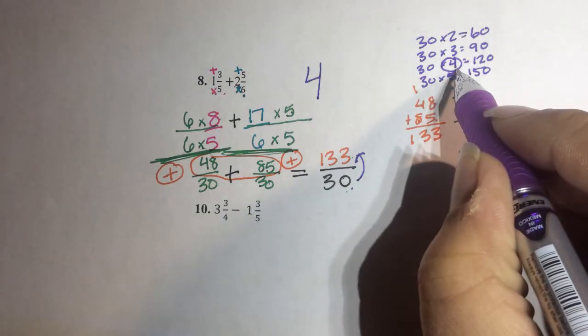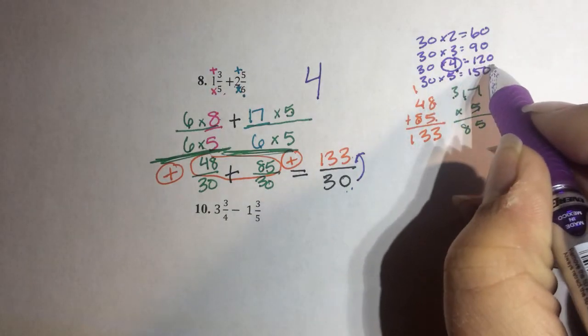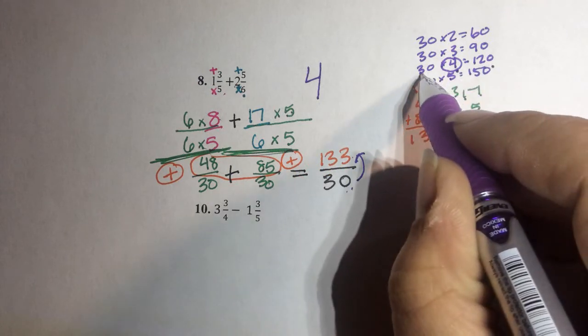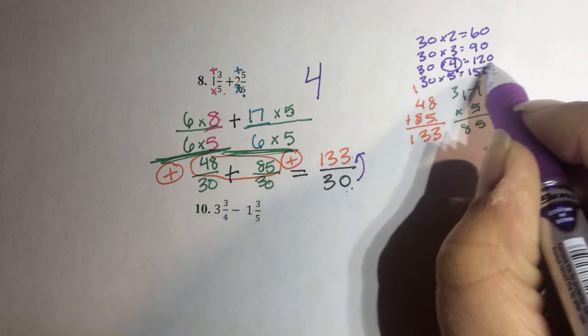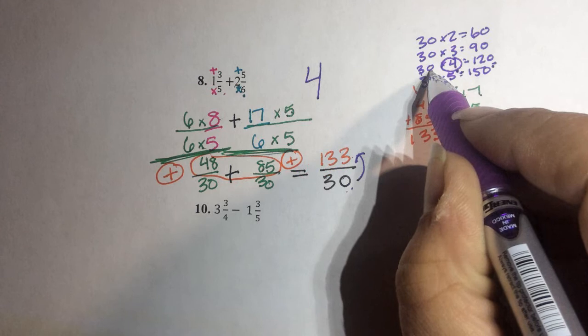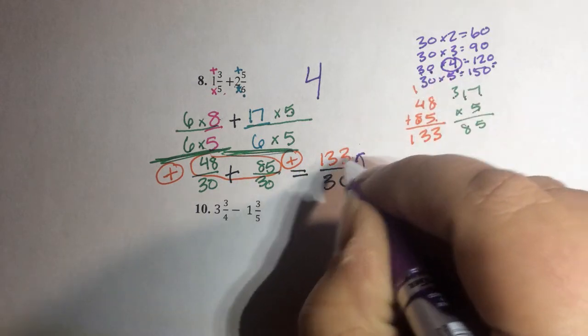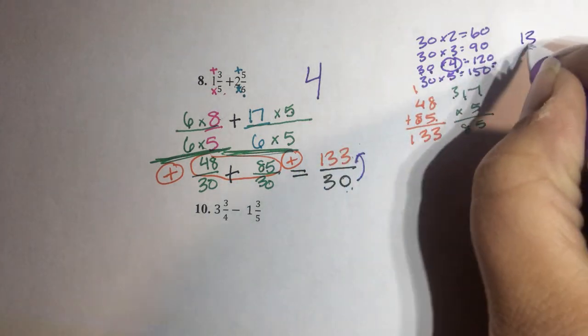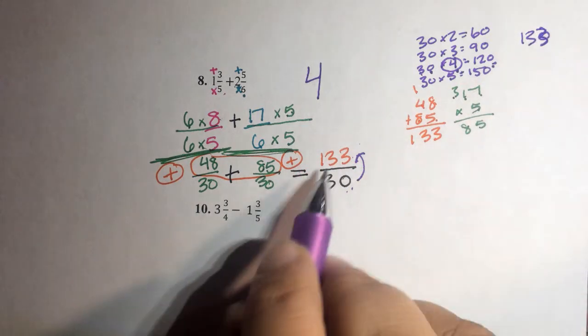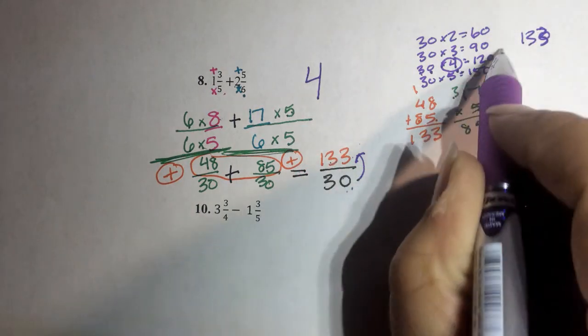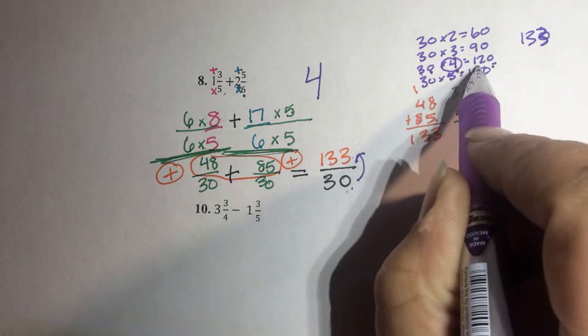4 wholes is the same as 120 30ths. I had 133. And I'm now saying 4 wholes is going to use 120 of those.